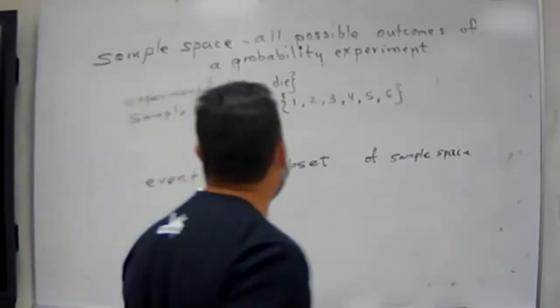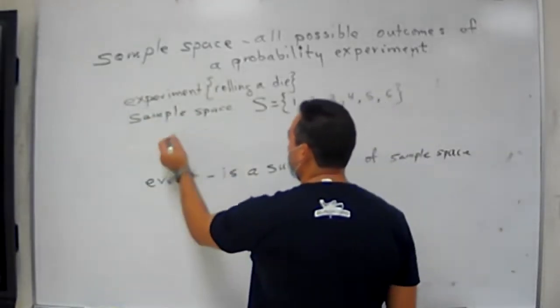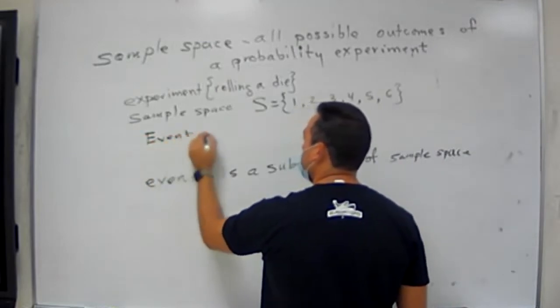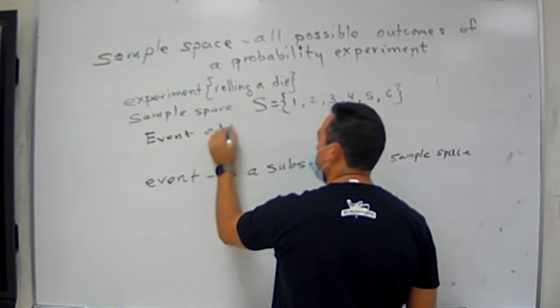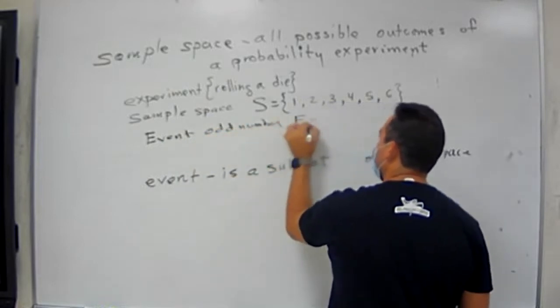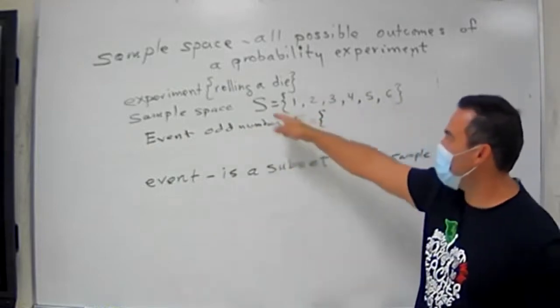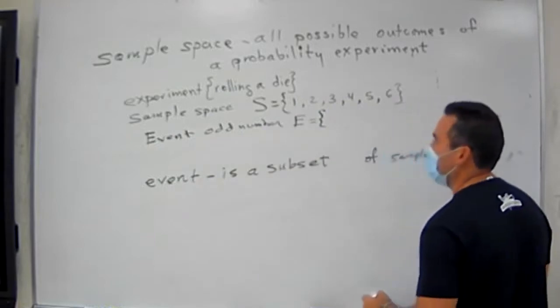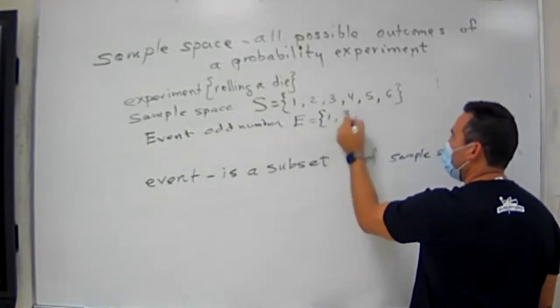All right, so let's talk about what a subset is. Let's say I have one event here. The event is odd numbers. So the event of this space that qualifies as an odd number would be 1, 3, 5.